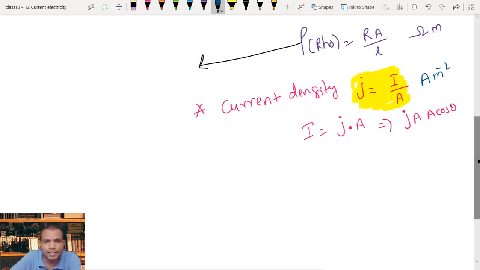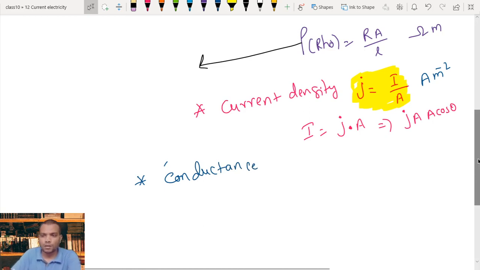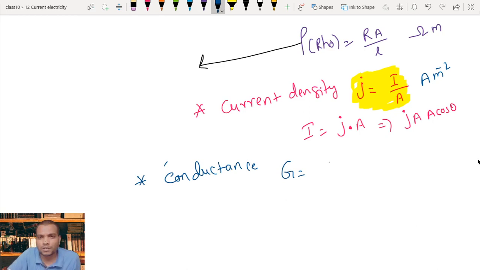Later we defined conductance. Conductance G is nothing but the reciprocal of resistance. Its units are ohm inverse or Siemens.